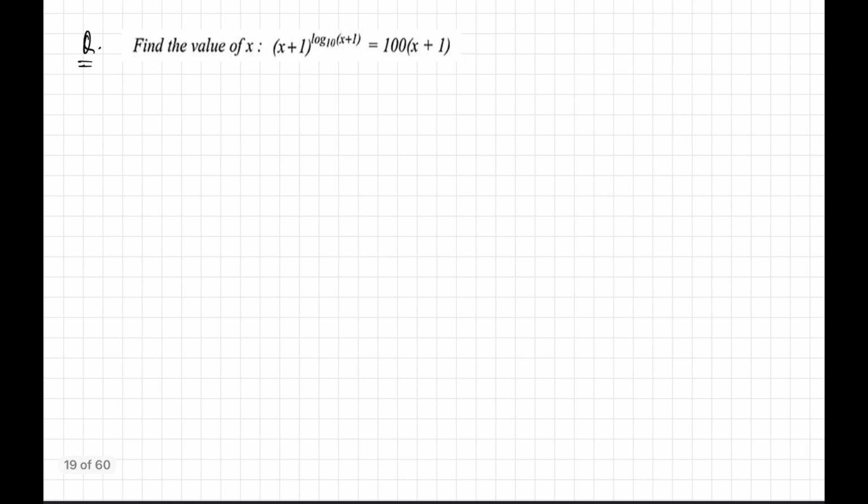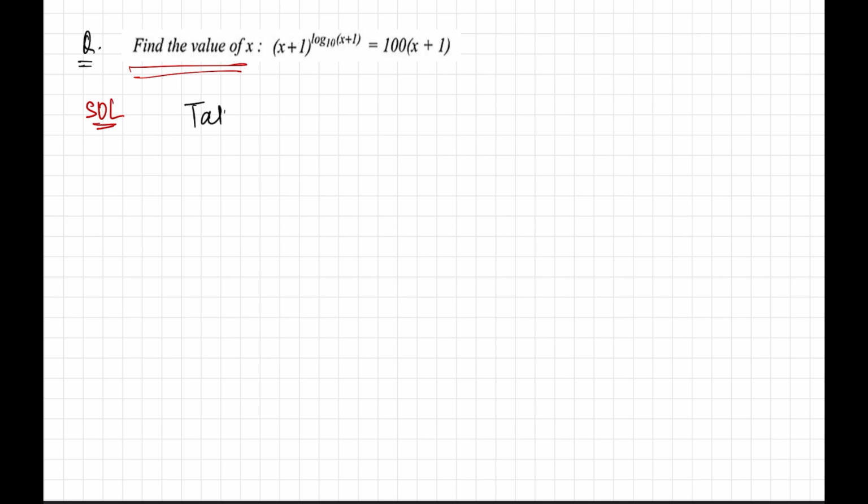Now here we have to find the value of x, and it says x plus 1 raised to log x plus 1 base 10 is equals to 100 into x plus 1. So let us begin with a solution. तो हम क्या करेंगे, we will take log on both sides.